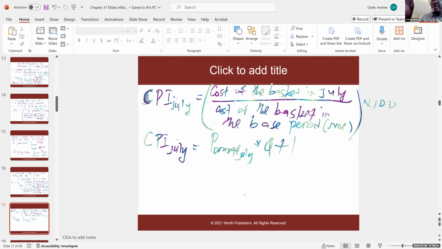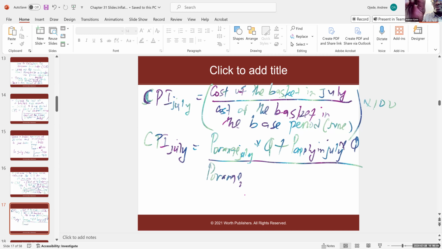Plus the price of an apple in July times the quantity of apples purchased. Then divide this by the price of an orange in June, the base year period, times the quantity, plus the price of an apple in June times the quantity. Then we multiply this by 100.